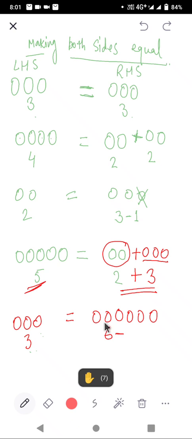Let's cross out. On the left hand side we have only 3, so we will leave 3 on the right hand side and cross out the rest of the balls. 1 2 3. Now how many are left on the right hand side? 3, and on the left hand side also 3. So both sides are equal now. It means from 6 we have to cross out 3. 6 minus 3 gives 3. Now both the sides are equal.